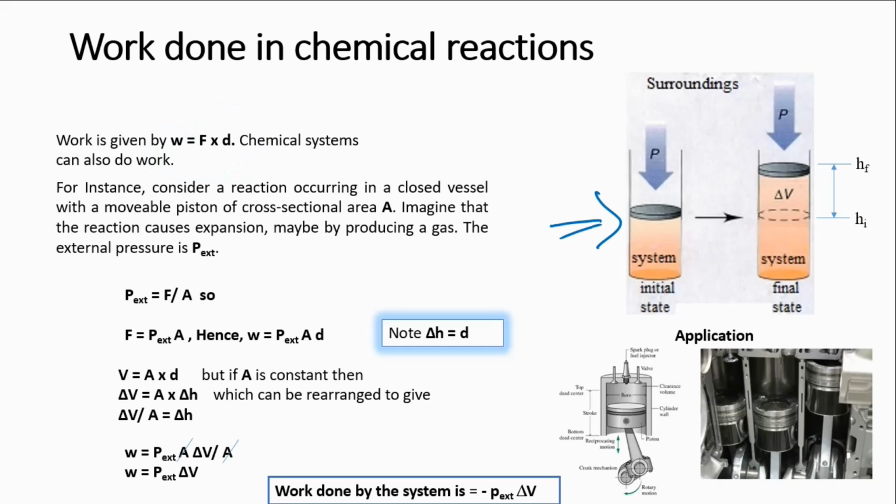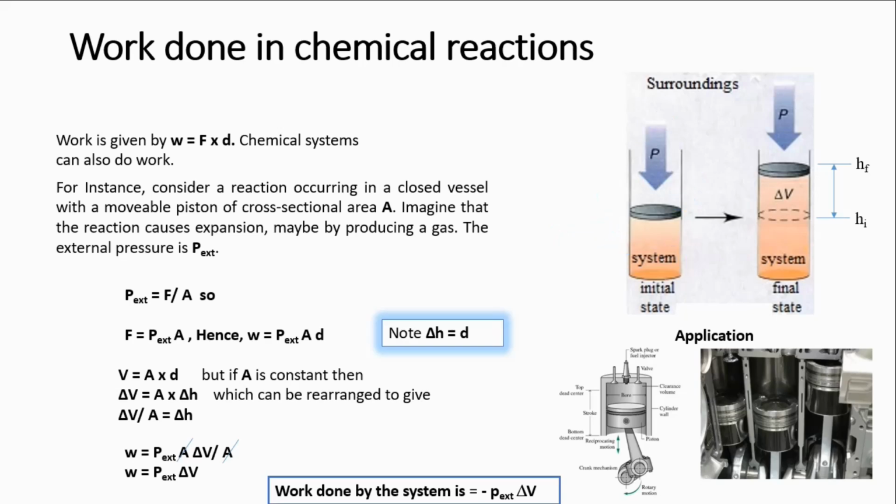Look at this diagram over here to our right. Let's say you have in a cylinder a chemical reaction occurring, and we call that chemical reaction the system. Here we have a movable piston, meaning that this piston can be pushed upwards or downwards. This arrow pointing down on the piston is atmospheric pressure.